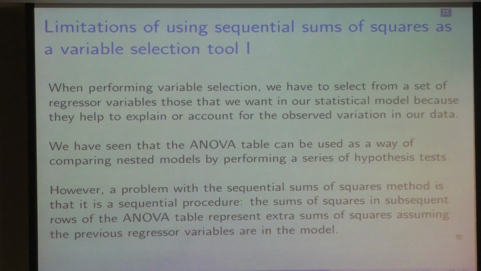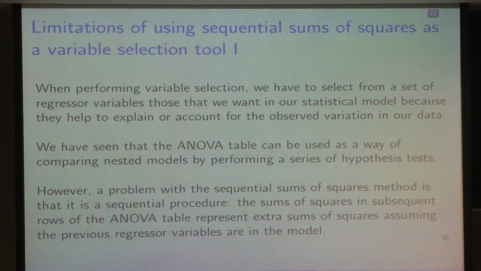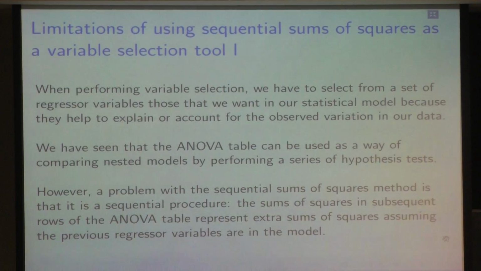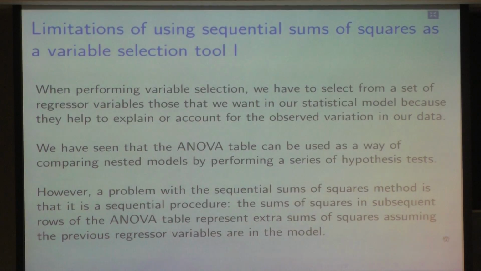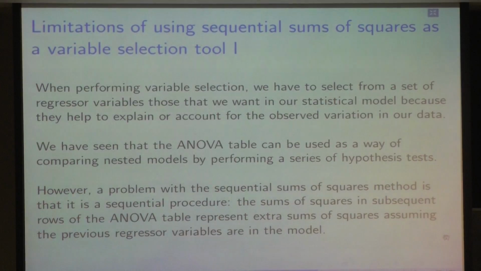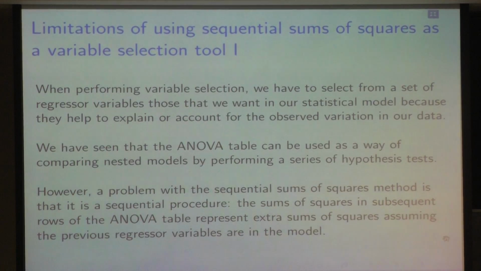You're comparing the extra effect of adding that variable compared with the model that you've already got without it, but with the previous variables. So in the analysis of variance table, you add the regressive variables in the order that they appear in the R command.